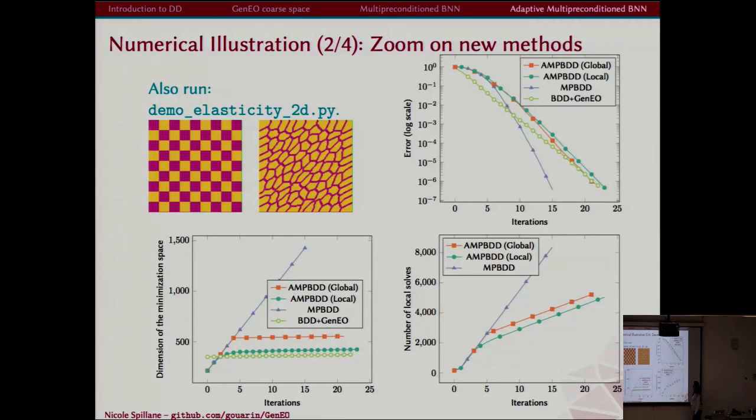And then if I look at what happens with the minimization space here, something very interesting happens. If I look at the orange squares, this is the adaptive multi-preconditioned BDD with the global tests, where I do either a preconditioned iteration or a multi-preconditioned iteration. Looking at the dimension of the minimization space, what I realize is that during the first 4 iterations, I'm multi-preconditioning, so I'm adding n search directions per iteration.